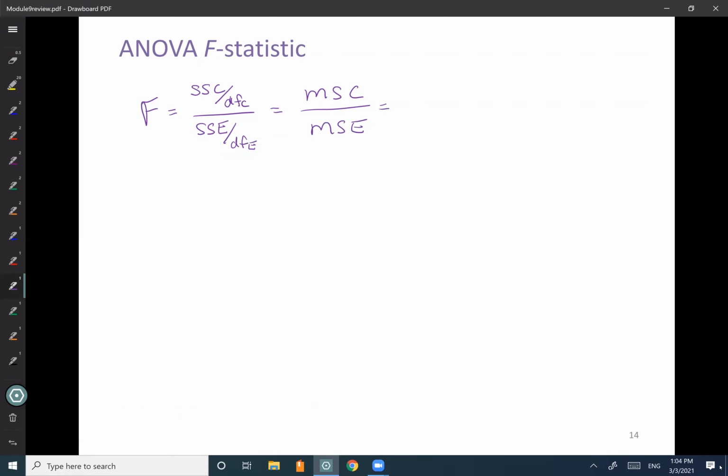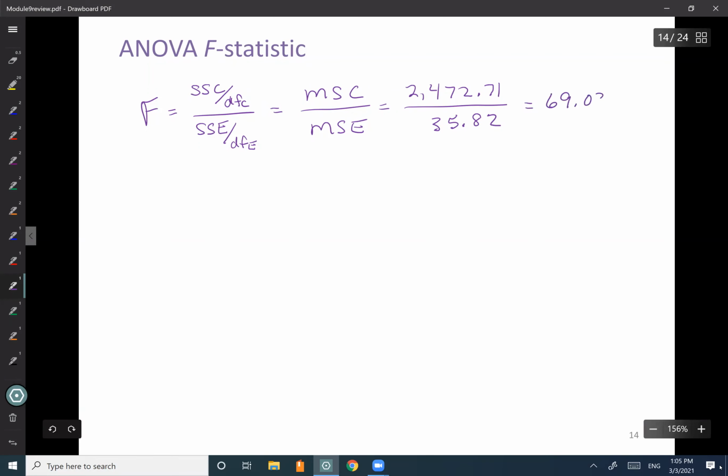And we ended up getting 2,472.71 divided by 35.82, right? And that's how we calculate that. So you take those values and divide, and we end up getting 69.03. Okay, so I hope everyone's clear.